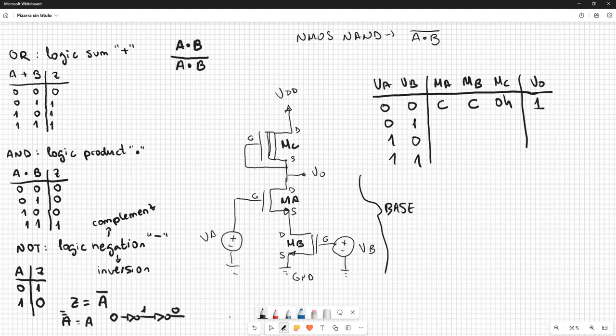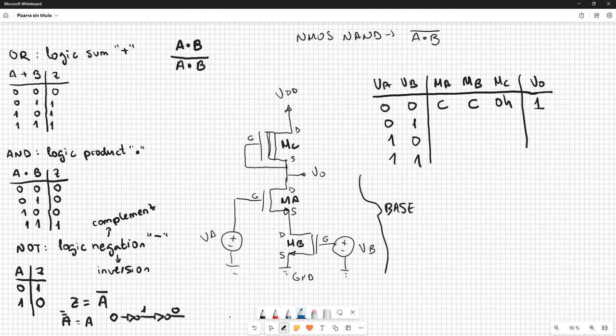Why? Because we are cutting these ways, and this transistor always has a channel created. So the supply voltage is going to reach the output. What happens in the second case? In the second case, we have transistor A in cutoff, and the other has a channel.